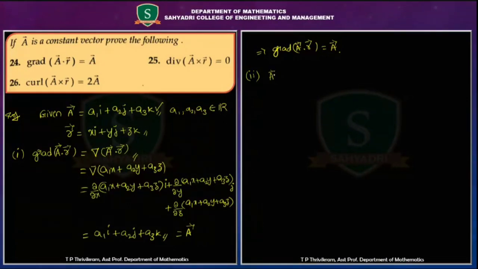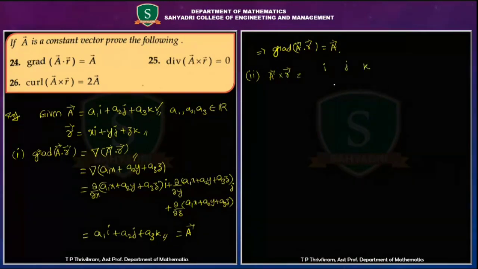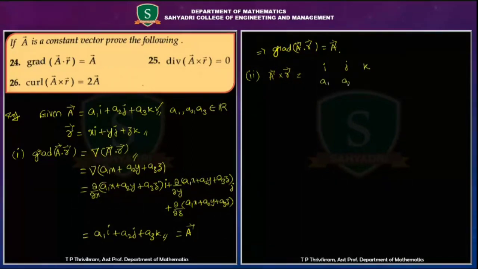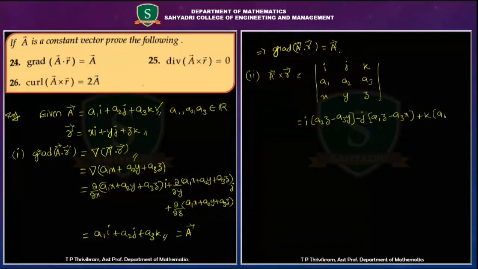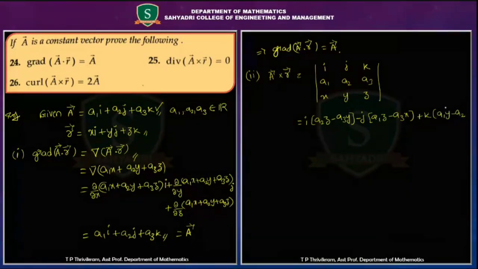So a cross r is equal to the determinant with i, j, k; here a1, a2, a3; next here x, y, z. So this is equal to i into (a2z minus a3y), minus j into (a1z minus a3x), plus k into (a1y minus a2x).